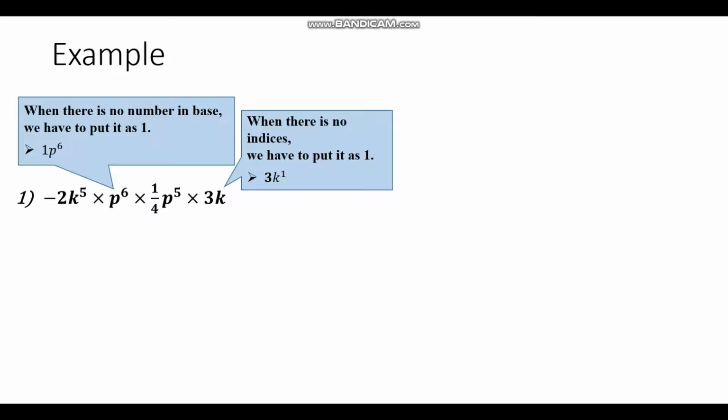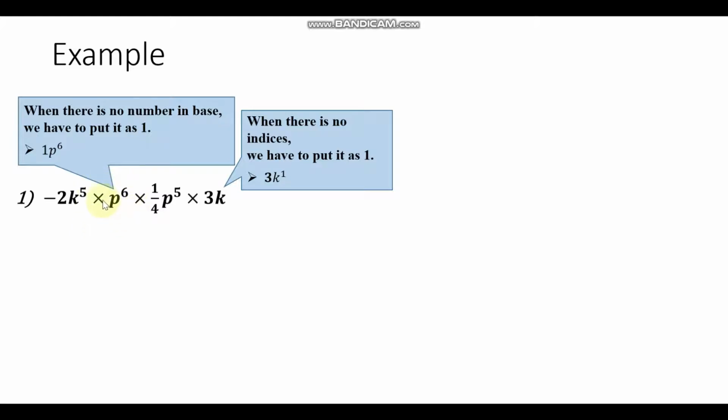Next, I will show you some examples of different bases in index form. First one: negative k to the power of 5 times p to the power of 6 times 1 over 4 p to the power of 5 times 3k.